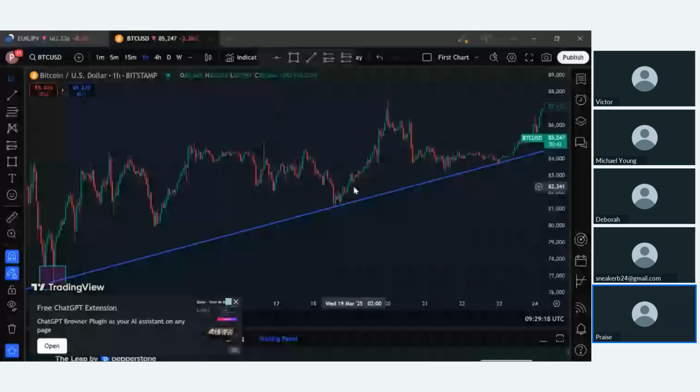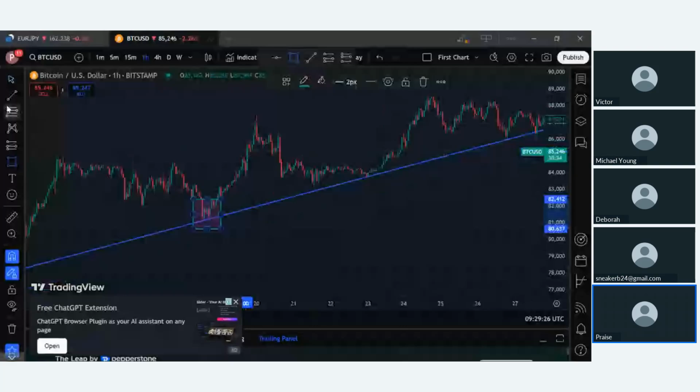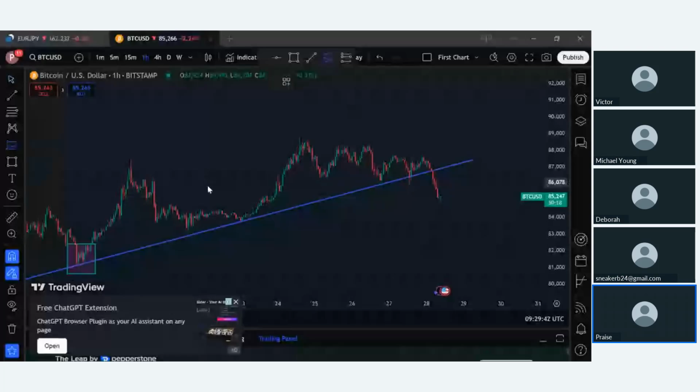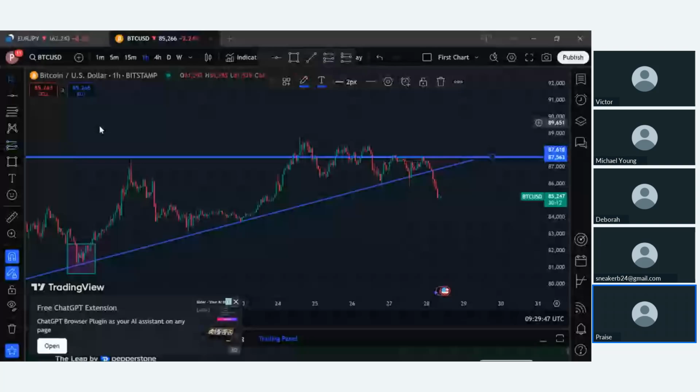So since the first point bounced and now the second point has bounced from the trend, we expect that if the market should come back to the trend line again, it should bounce. And if we are doing that, then our target is going to be this high, right? We are going to be targeting this high to take our take profit.